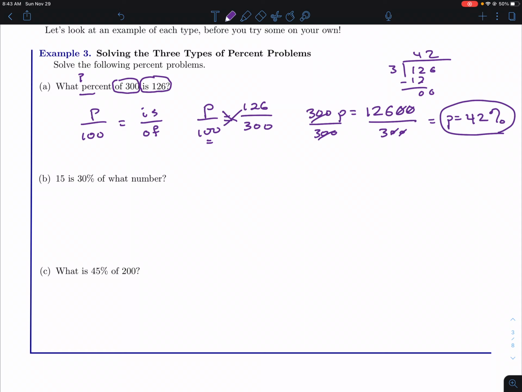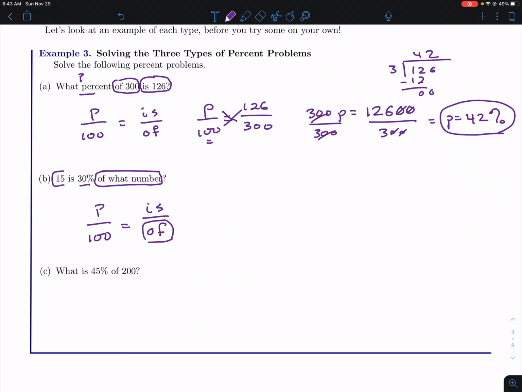All right, so let's look at letter B here. 15 is 30% of what number? When the percent's there, it's pretty obvious which one's the percent because it's always going to have the percent sign with it. So the unknown in this case is going to be the of, what number. That's going to be our bottom number, so this is our unknown.